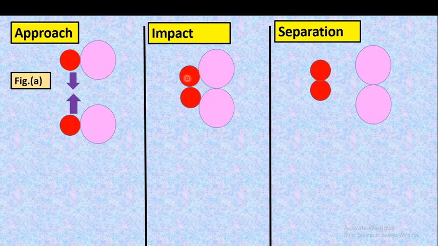The hydrogen-iodine bond breaks here, and here also. Therefore iodine gas and H2 gas are formed, that is, the reaction takes place.